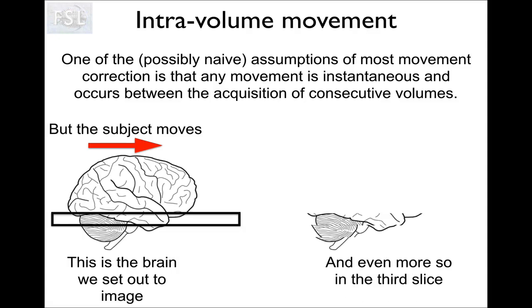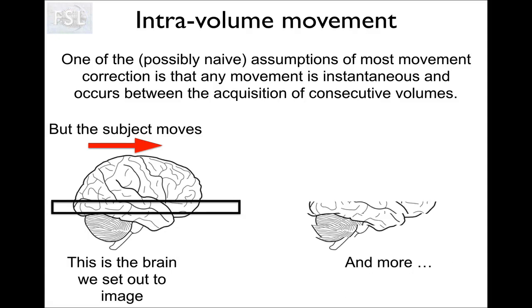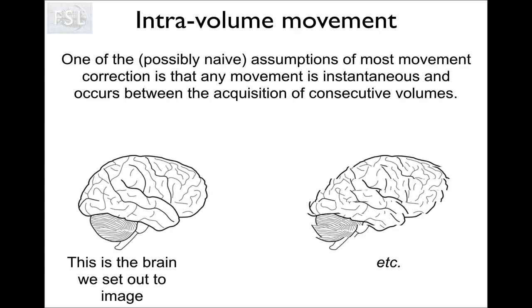And the subject keeps moving, and keeps moving, etc. So we end up with a 3D volume image of a brain that is quite severely distorted because of these movements.